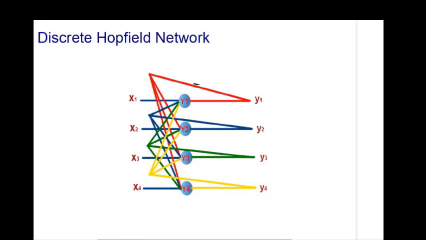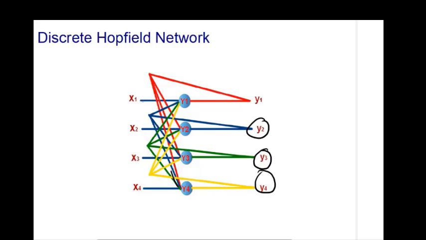This red output goes to Y2, Y3 and Y4. It doesn't go to Y1. Capital Y1 means the neuron itself, and small y1 is the output. So the output doesn't go to itself but to all the other neurons. Same way, the output of each neuron becomes the feedback for all the other neurons except itself. Same way for this one and this one.